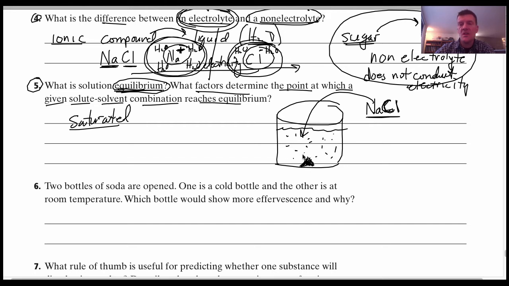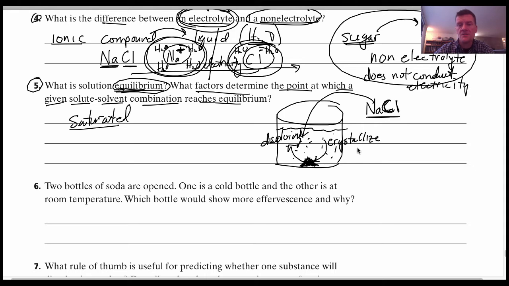And so what's happening is, yes, there's still a lot of activity. If you're able to see it, some of these sodium chloride crystals down here are dissolving, but also some of them bump into this pile of crystals and they recrystallize.